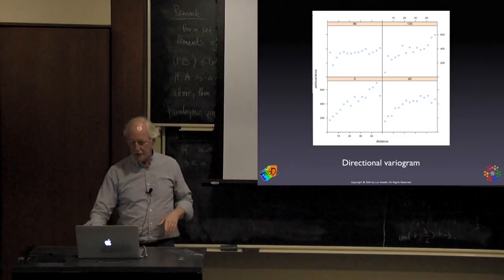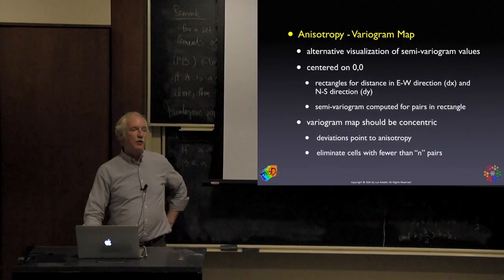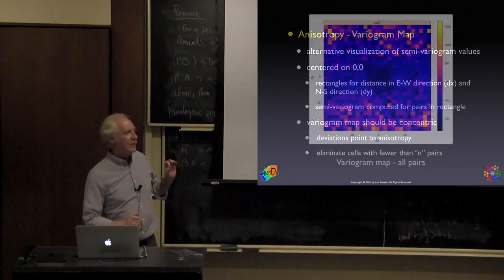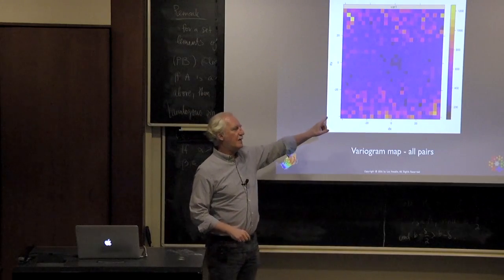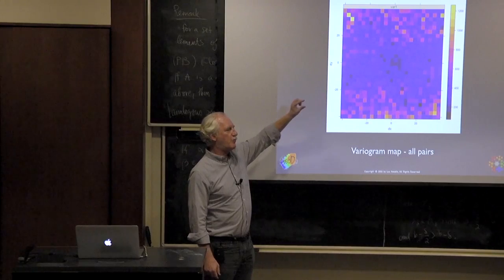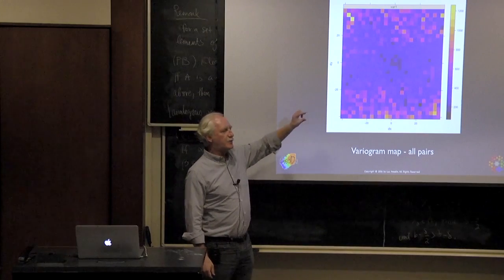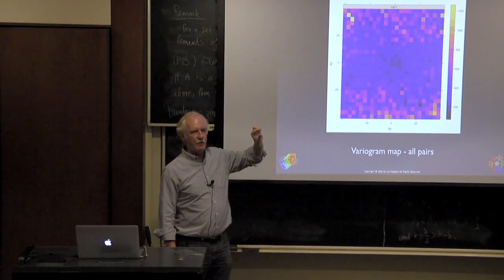And that gives us this thing that is called a variogram map. So we have a double binning in here. We have a binning in terms of distance, and then a binning in terms of angle. So each of these little squares corresponds to a combination of distance separation and angular separation.